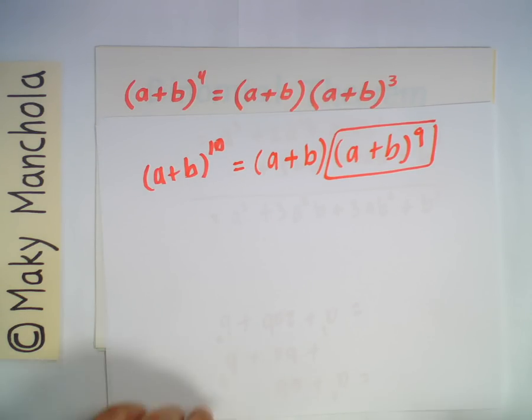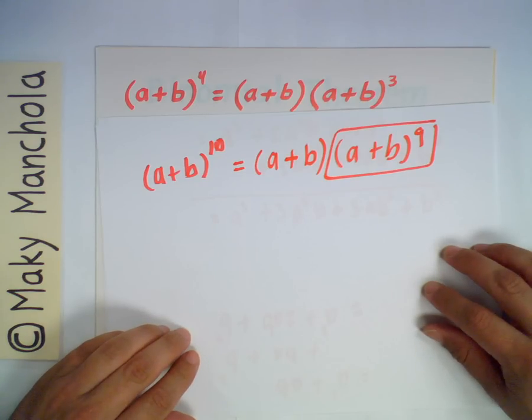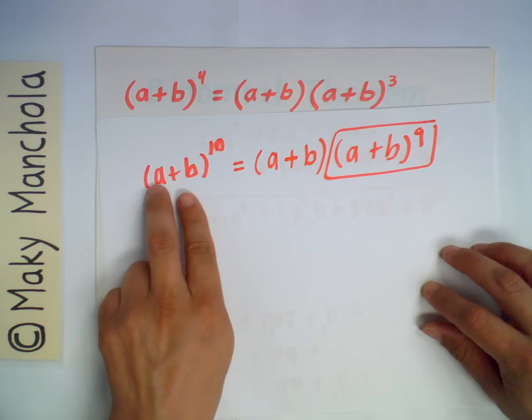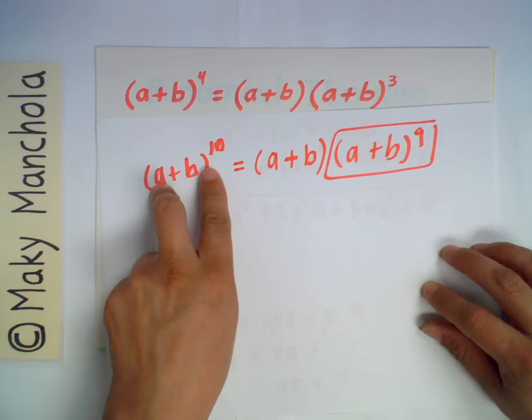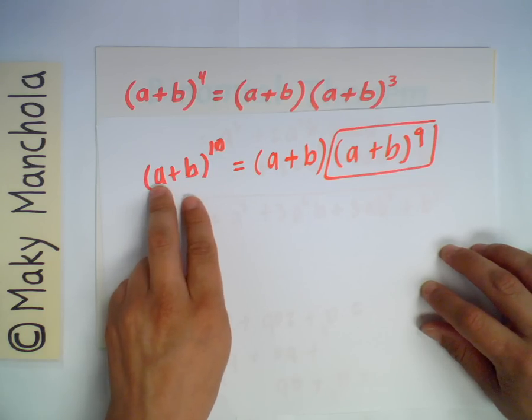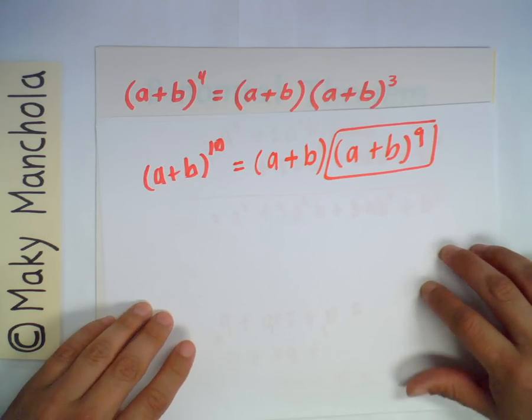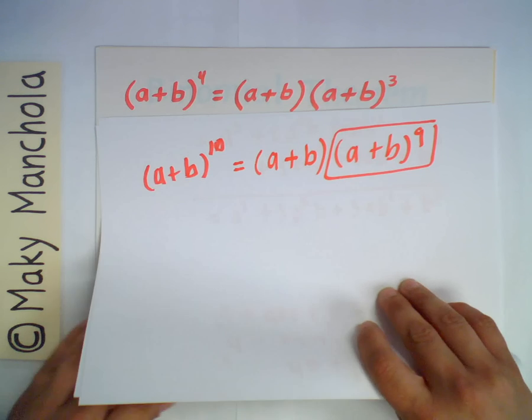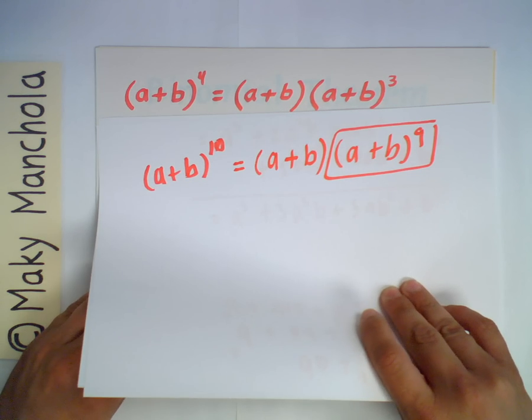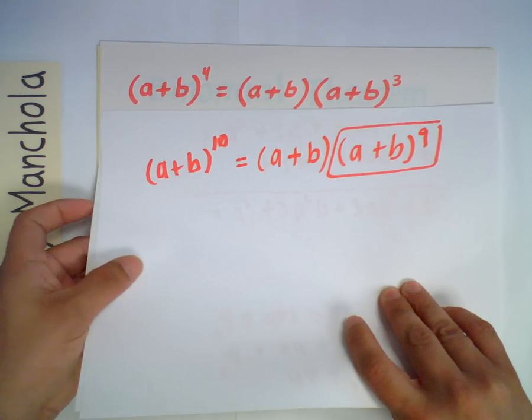So what we propose here is that if we want to expand a binomial to a power, do it with a formula. Is there such a formula? The answer is yes. We know it as the binomial theorem.